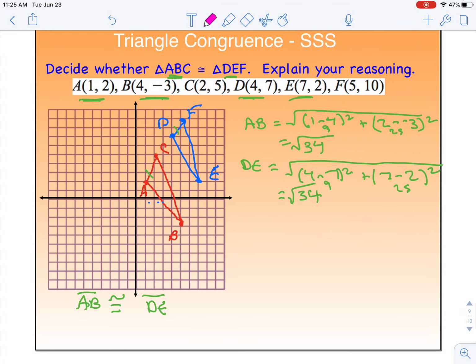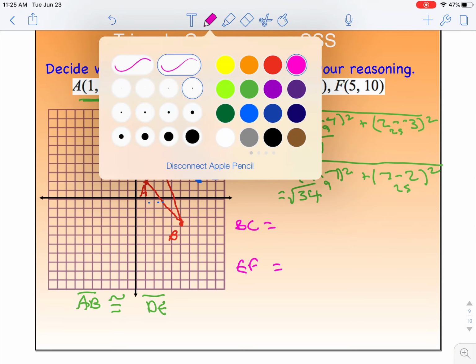So now let's check another side. We would need to show that BC right here is congruent to EF. So now we can do the math for BC and EF.